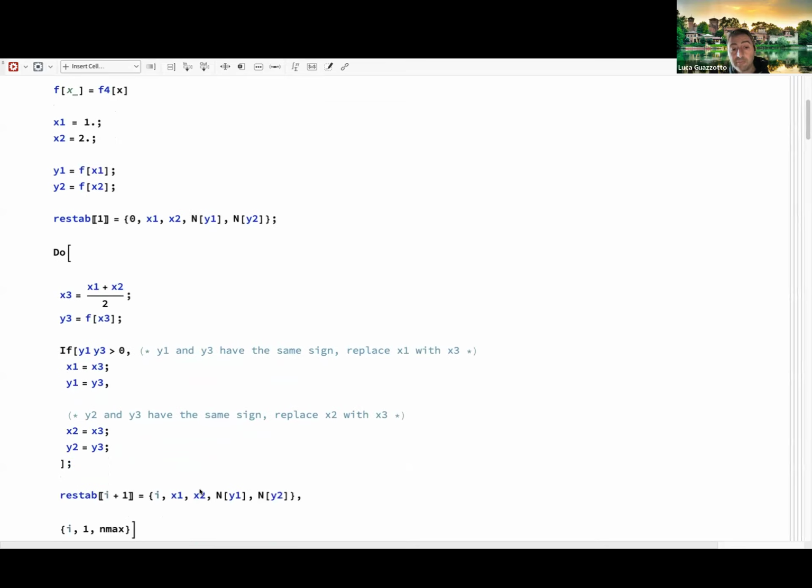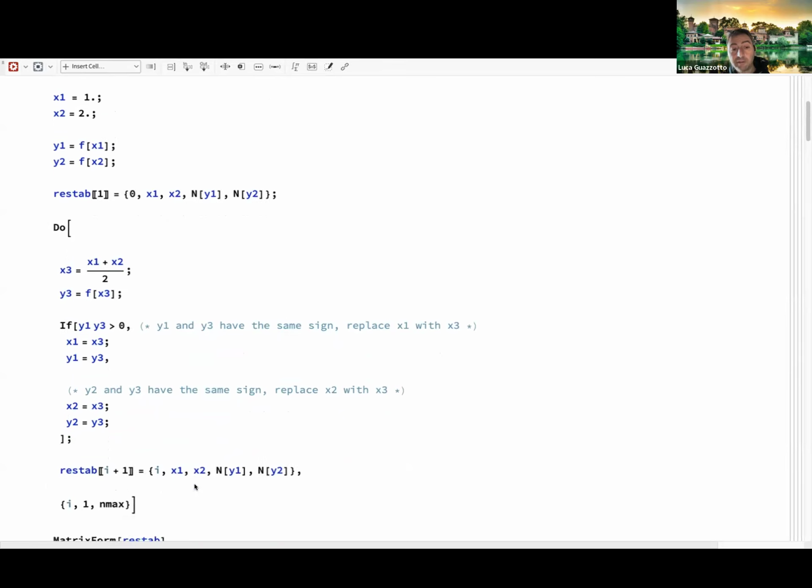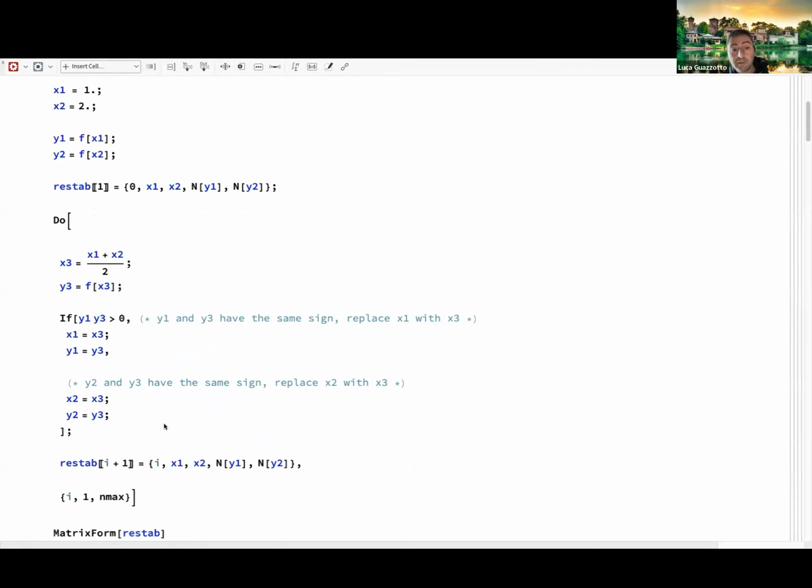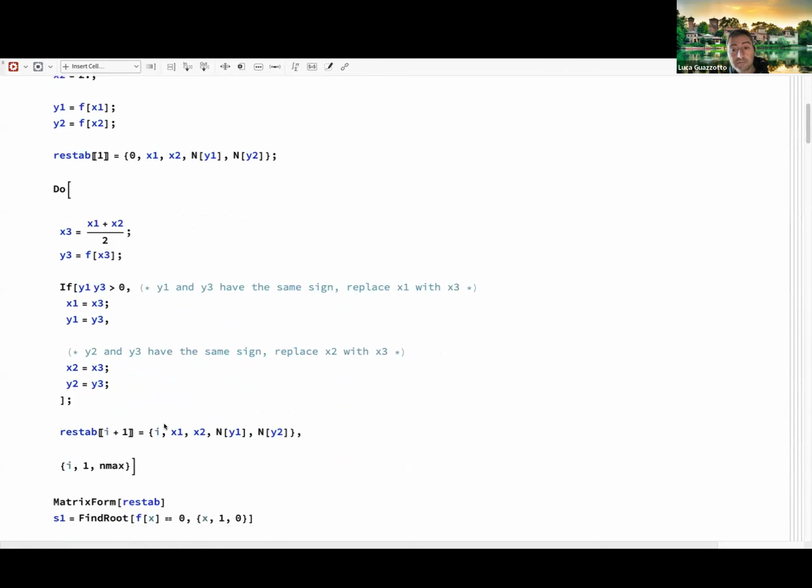And then I save my number for my iteration, and I proceed to the next number. So this is the instruction that says the index i goes from 1 to this maximum number. I started from 1, now the index is going to be equal to 2, and I repeat this calculation. Everything clear about how I'm doing it?